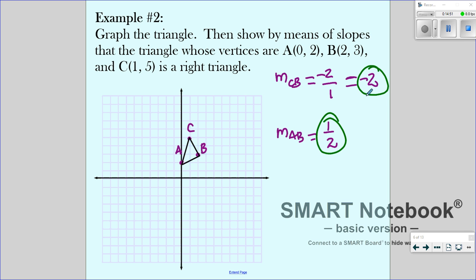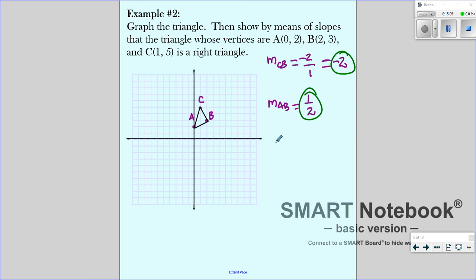This one has been flipped, the reciprocal, and it became the opposite reciprocal. So yes, AB is perpendicular to CB. So triangle ABC is a right triangle.